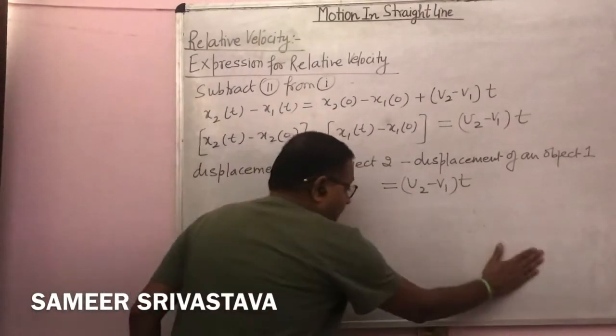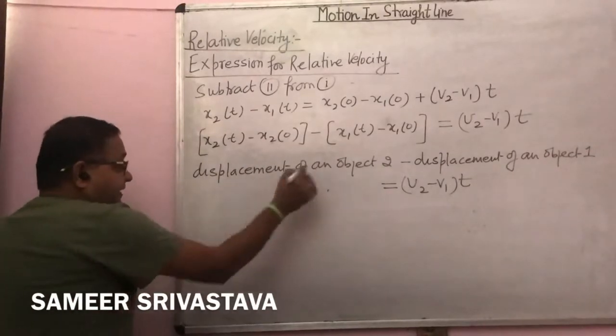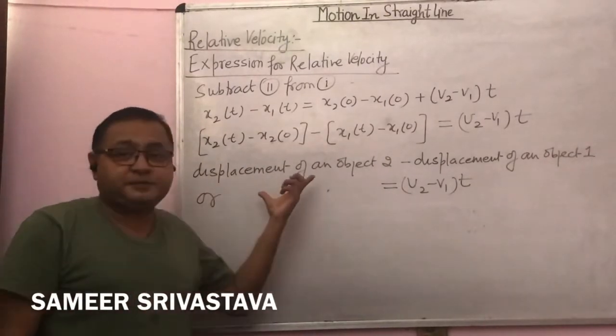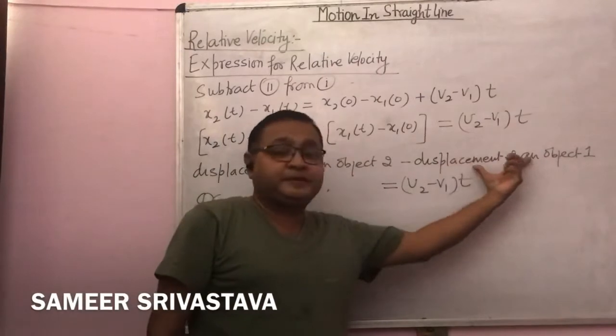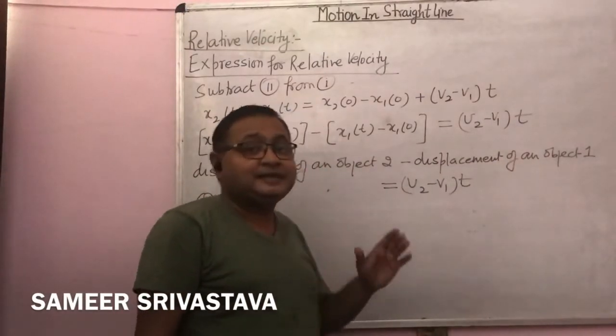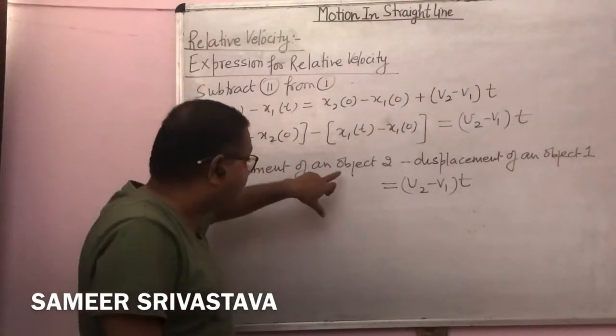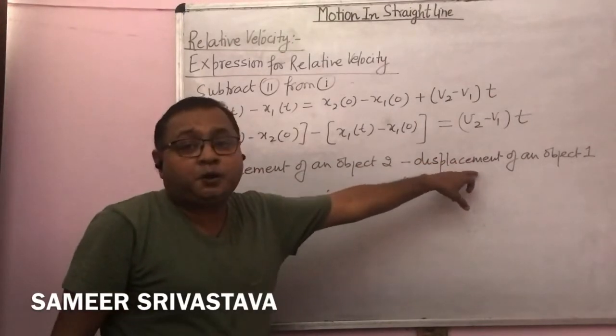We can write this as the displacement of object 2 minus the displacement of object 1, which is the relative displacement of object 2 with respect to object 1.